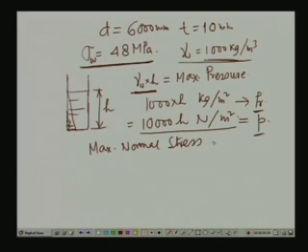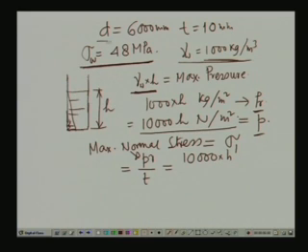So, the maximum normal stress, sigma 1, which is the circumferential stress, is equal to P r by T. In this particular case, 10,000 times H is the value of P, and the diameter of the tank is given as 6000, so times 3000 is the radius, divided by thickness T, which is equal to 10.